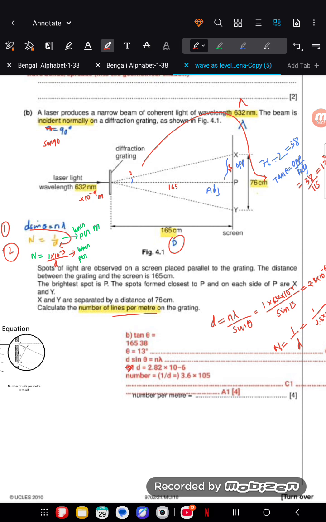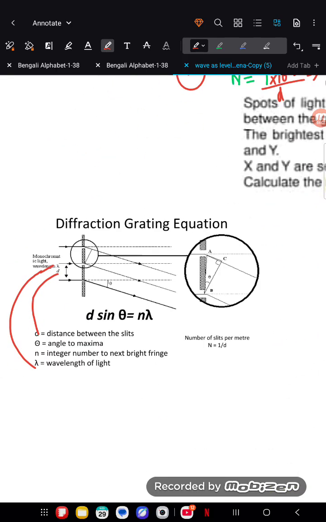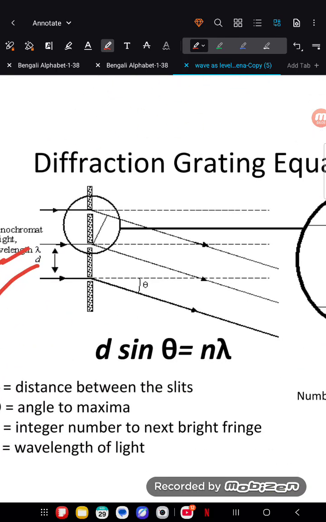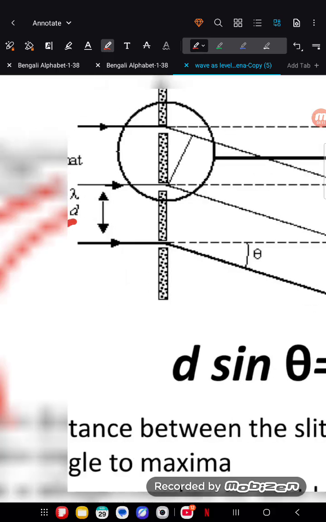Here you have to find the small d. As I said, d is the distance between the slits.